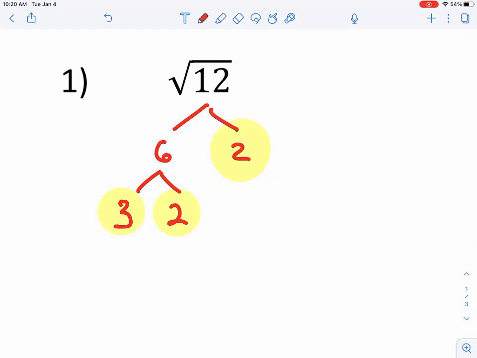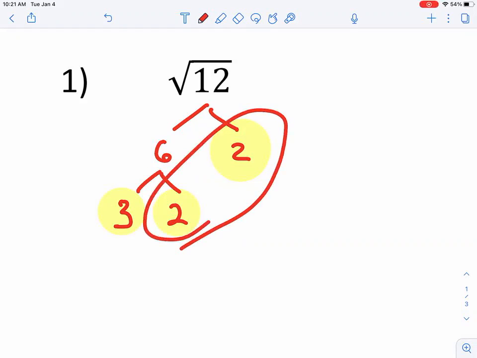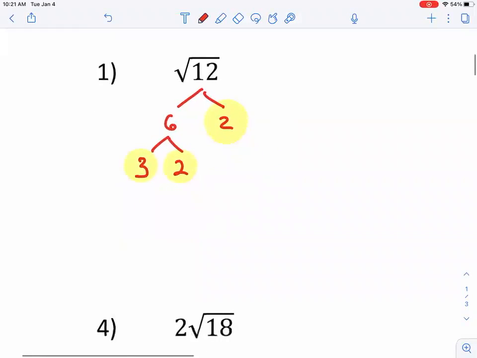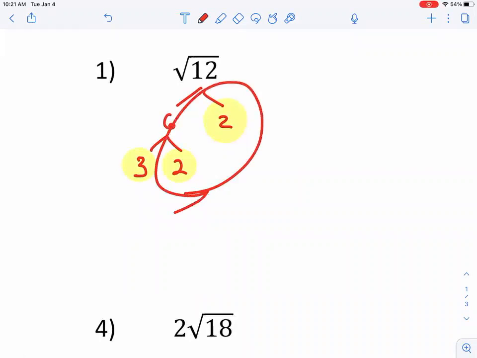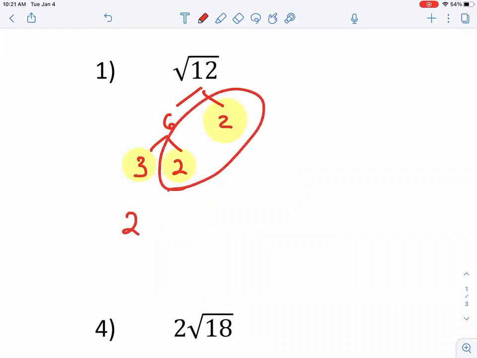Once you get it down to prime numbers, you look for pairs. So we have two of those 2s. When you have a pair, it goes on the outside of the radical. So those 2s mean we have a 2 on the outside.